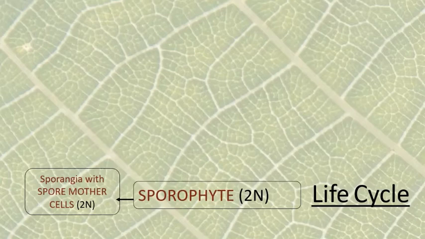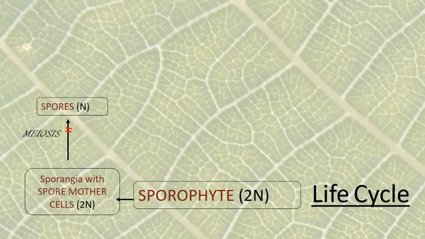Now these two, sporangia as well as spore mother cells, are on the sporophyte, so they are also diploid. Meiosis occurs in the spore mother cells, and these spore mother cells develop into spores. These spores are formed as a result of meiosis, so they are haploid.